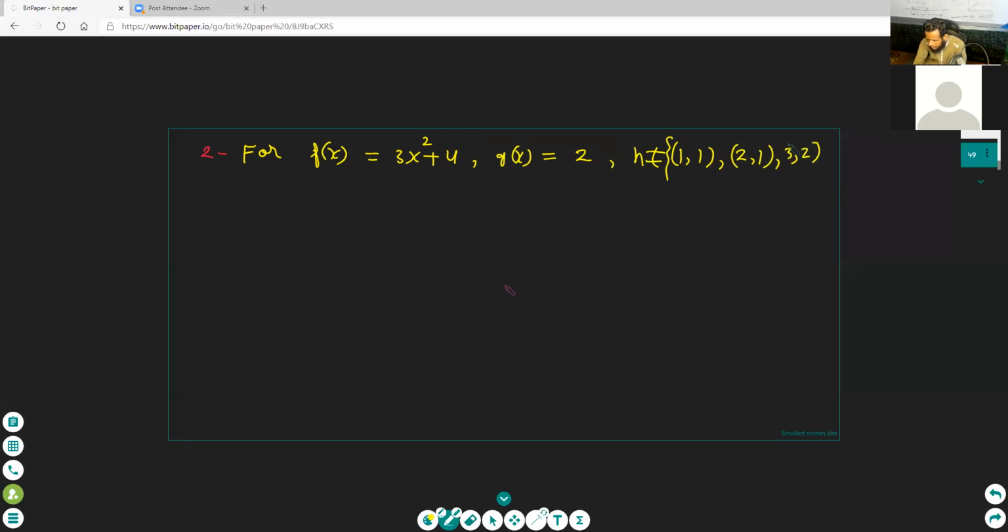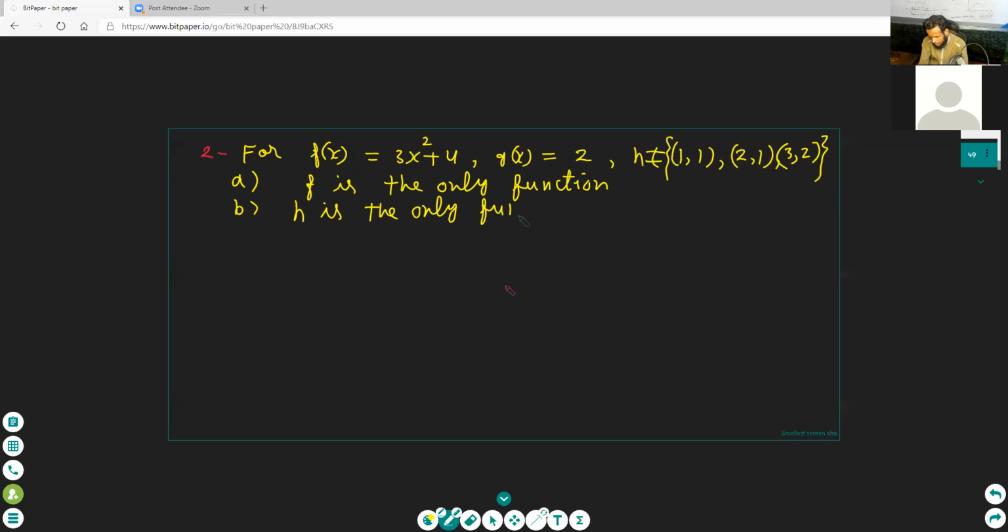We have given the functions in ordered pair form and also in f of x form. Our first option is f is the only function. Option: h is the only function.